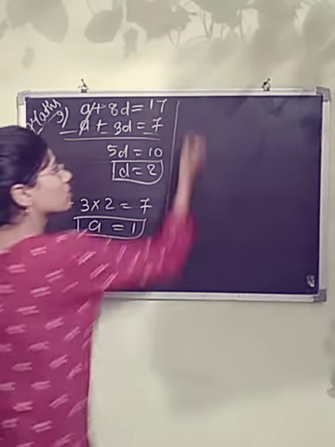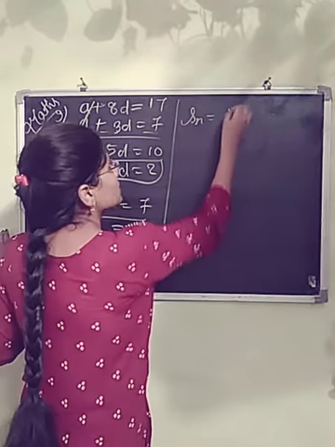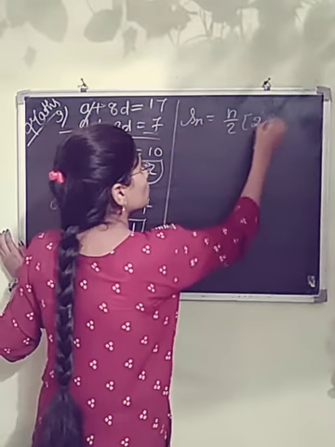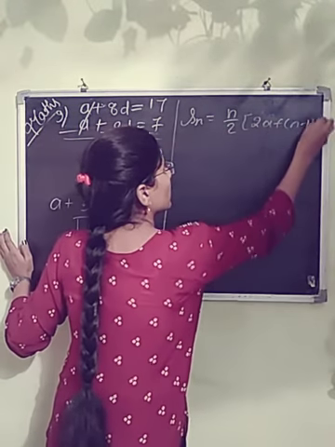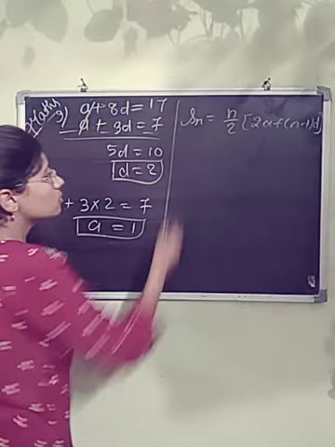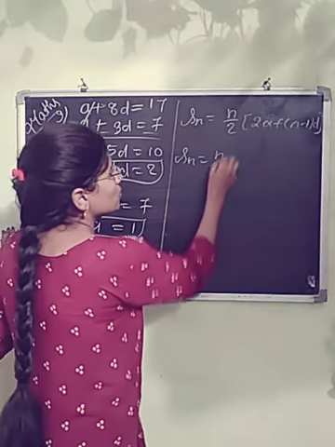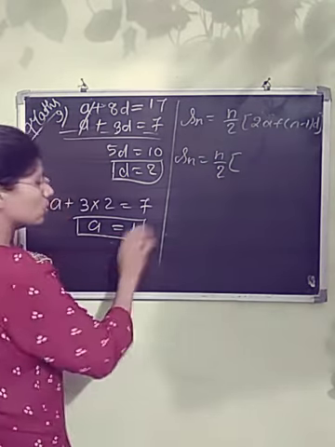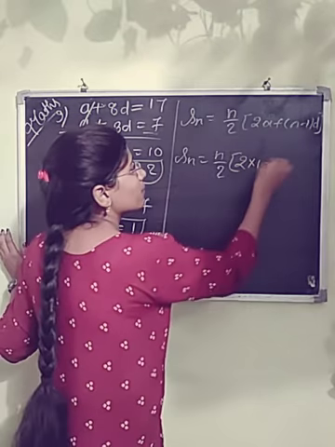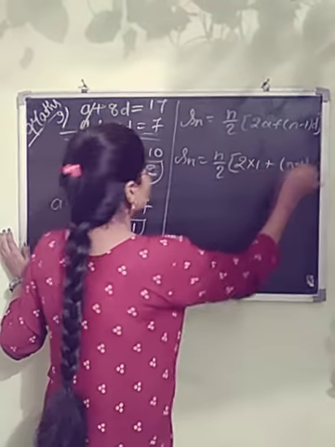We have d, we have a. Now the last point, n by 2, 2a plus n minus 1 into d. Put all the values. So Sn equals to n by 2. The value of a is 1 plus n minus 1, again we don't know, and d is 2.